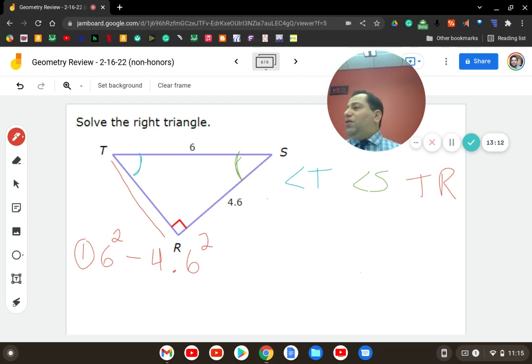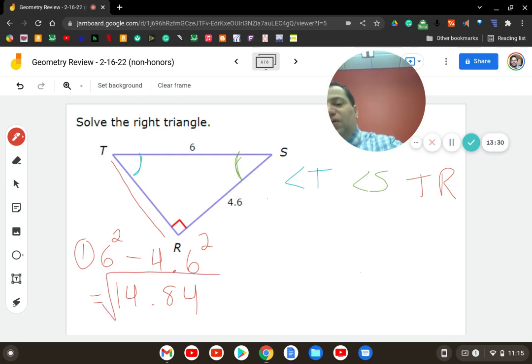When I do 6 squared minus 4.6 squared, I get 14.84. The second step in the process is to take the square root of the answer, and the square root of 14.84 is 3.9. So I know that my missing side is going to be 3.9.